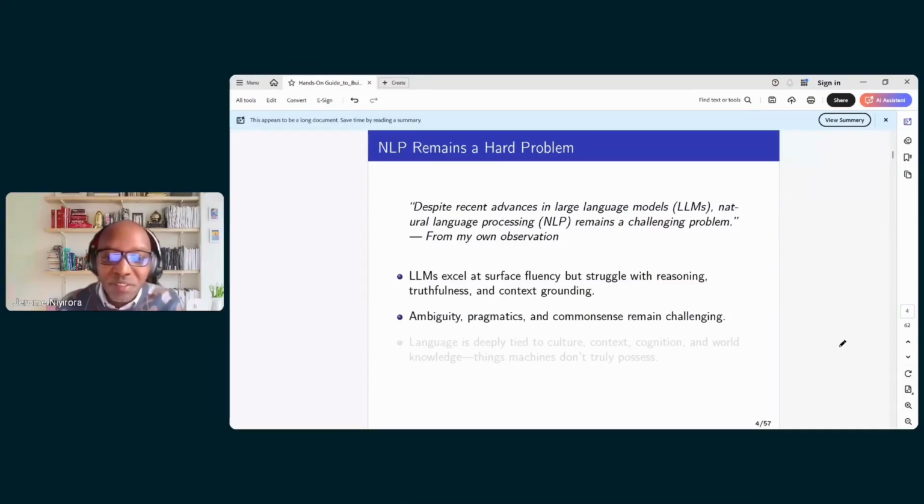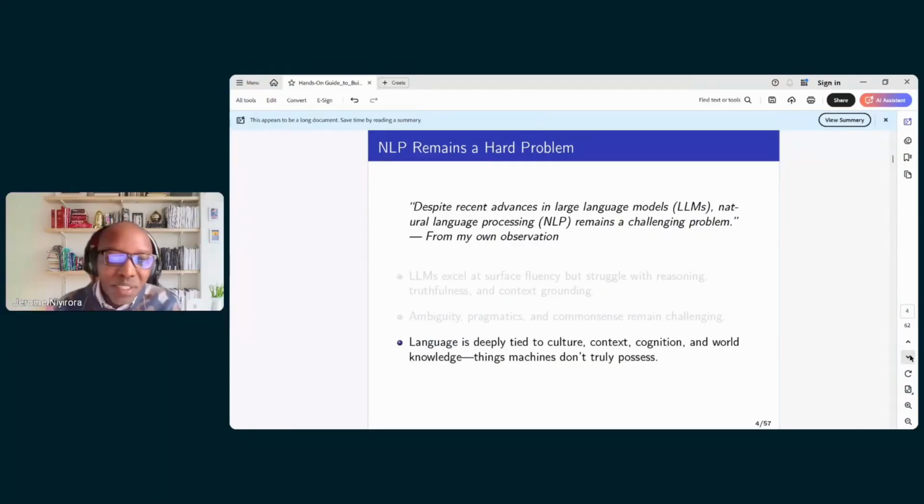So you're going to find ambiguities, and pragmatics and common sense sometimes missing whenever you talk to a program such as ChatGPT. And one of the reasons is that language is deeply tied to culture, context, cognition, and world knowledge. And to this point, at least, it's hard for the machine to understand this.